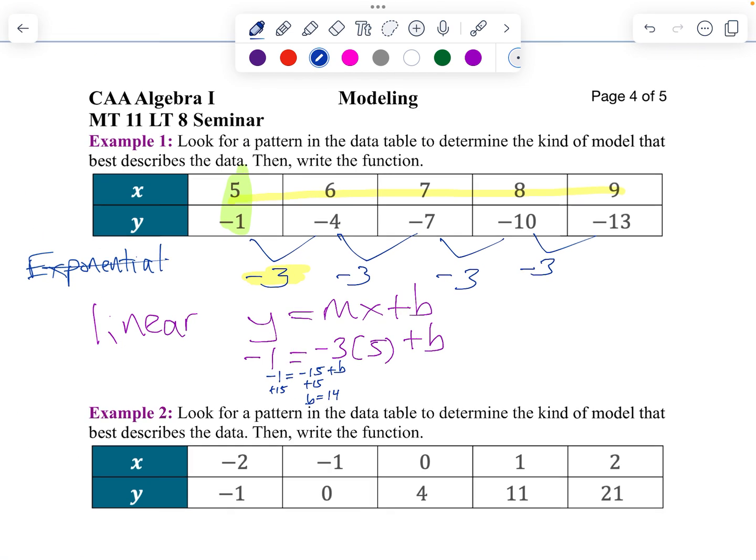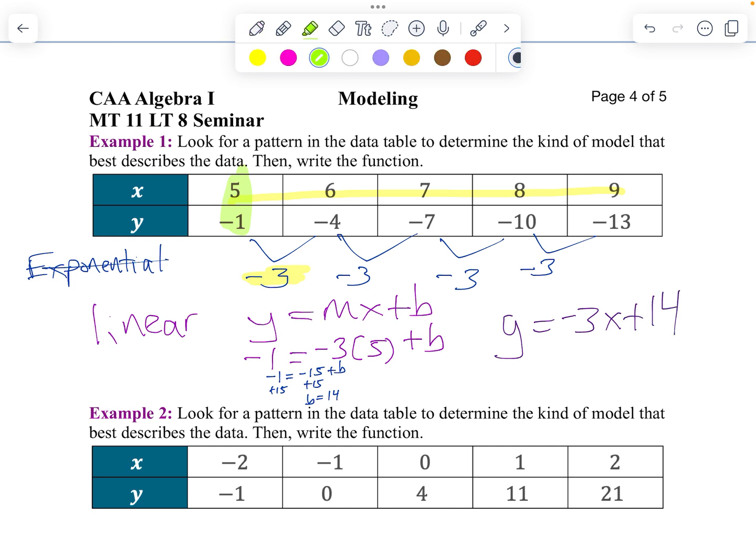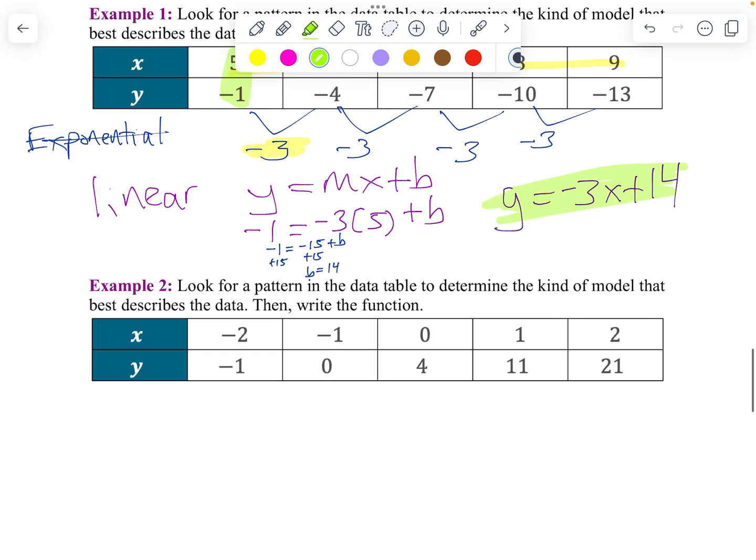So this table can be represented with a linear equation, and my linear equation is going to be y equals -3x plus 14. And there is our linear model for the first one. Let's take a look at example 2.